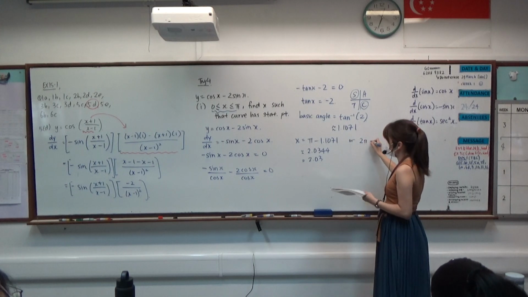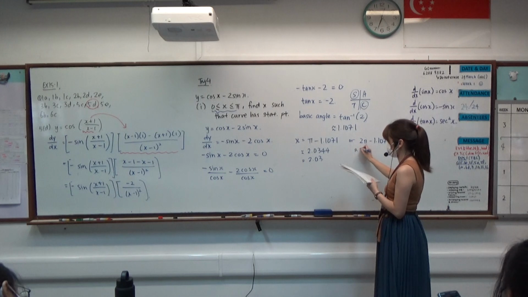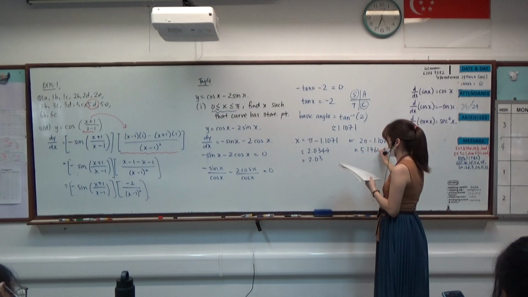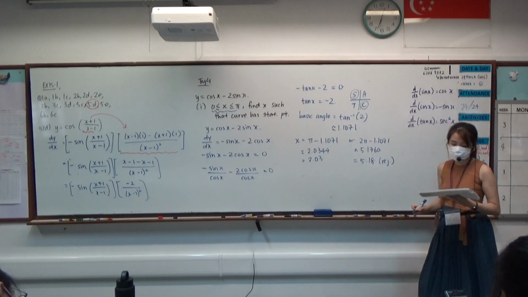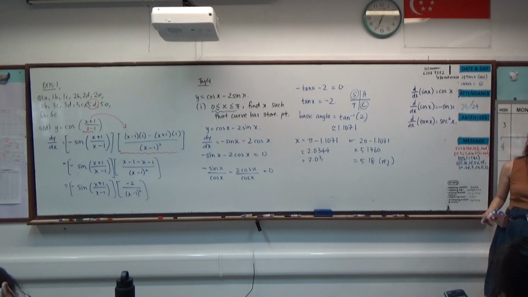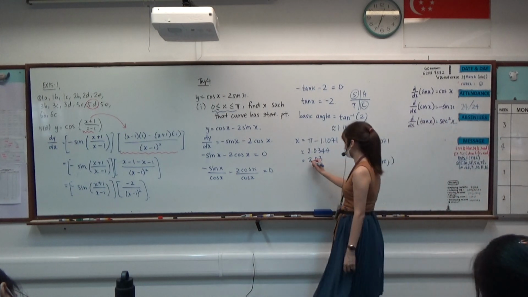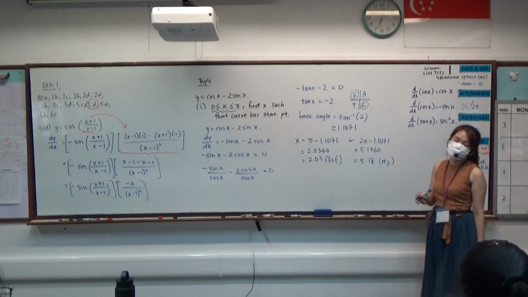If you proceed to find the fourth quadrant angle, we have 5.18, which we need to reject because it is out of the interval of 0 to pi. Because the angle is in radians, the answer should be in 3SF.